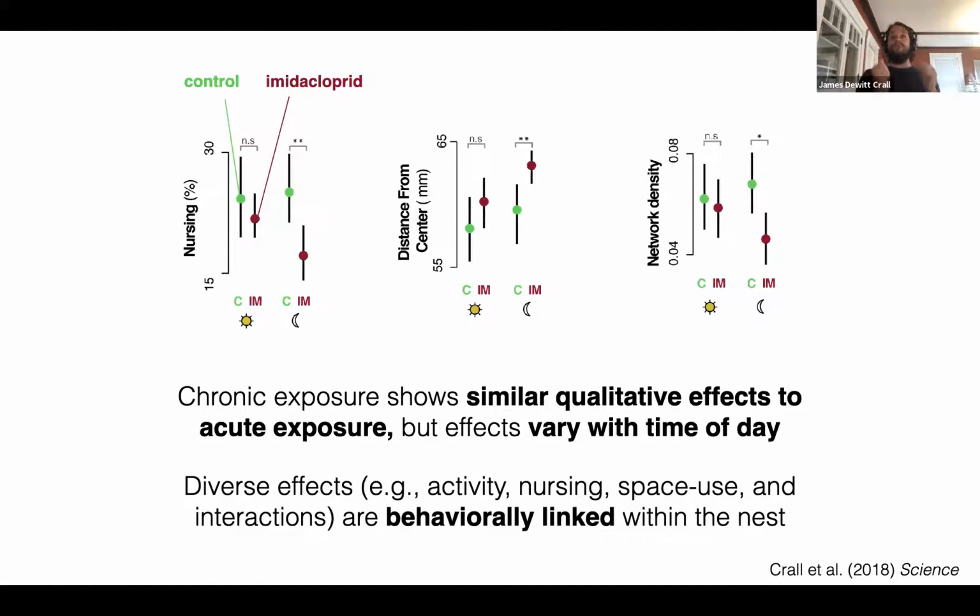For example, if you just alter the sensitivity of bees to physical contact with nest mates, you actually get them spending more time on the periphery of the nest and doing less work in the center of the nest. So it's probably best to think of these as multiple outcomes of a potentially single direct physiological effect of these compounds.